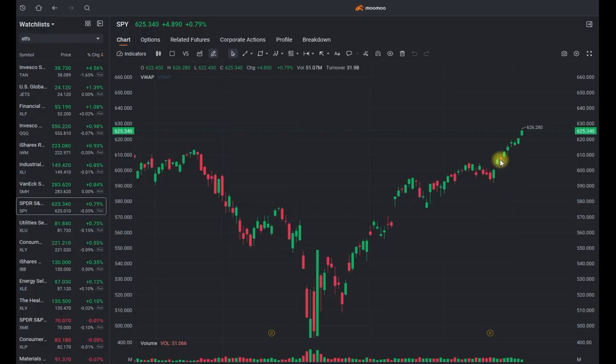Although there is a red day, it was a gap up, so it actually closed I think positive over the previous one. But let's go with 10 and 1. So that's a clear uptrend in the S&P 500. That definitely prioritizes the longs in the market.